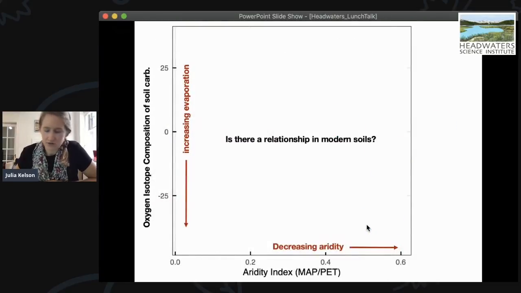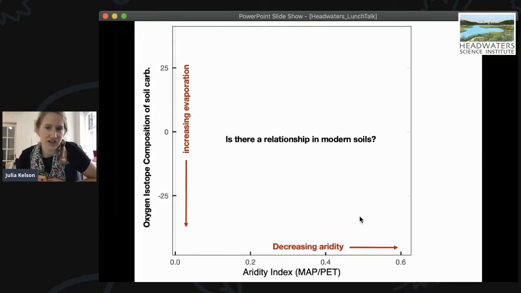So the method that I'm working on is actually fairly new. We're in a period where we're seeing increased precision in laboratory sciences, so we're able to measure increasingly small signals, which means that we can finally go after big questions like how has aridity changed and how much has evaporation changed through geologic time.